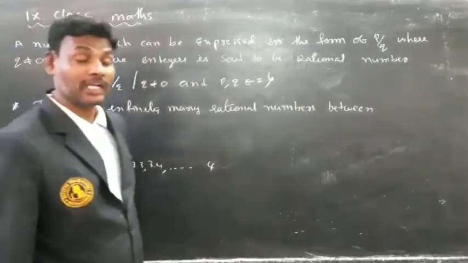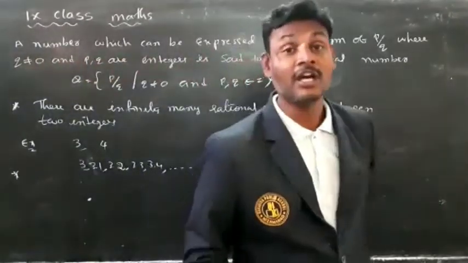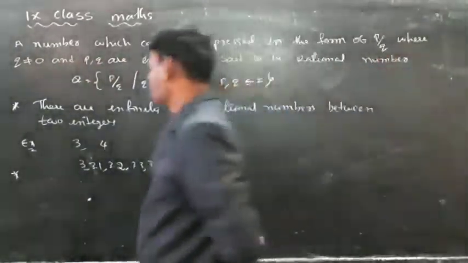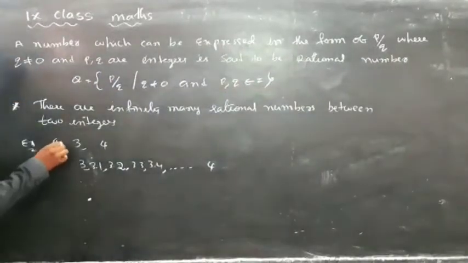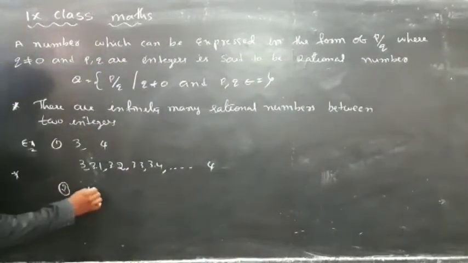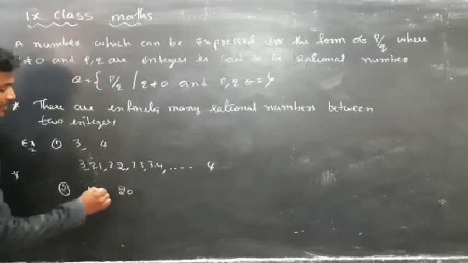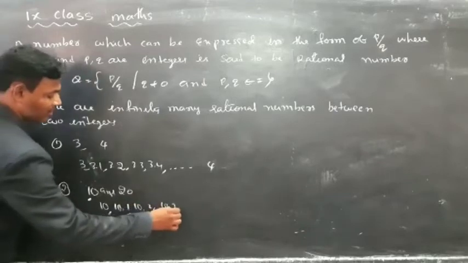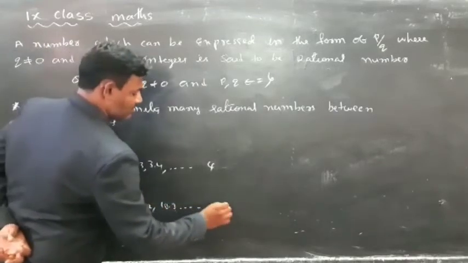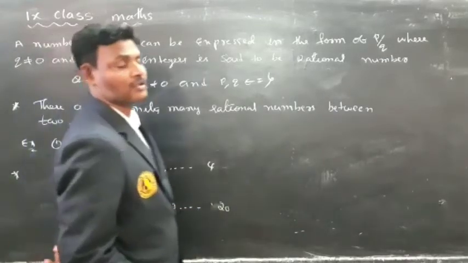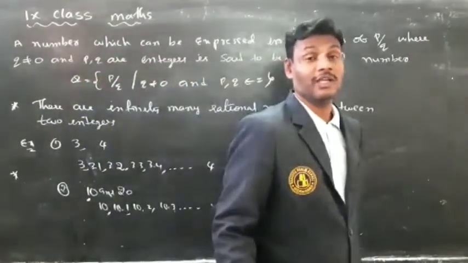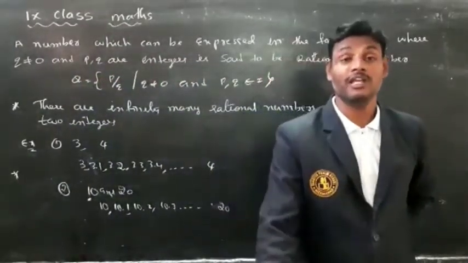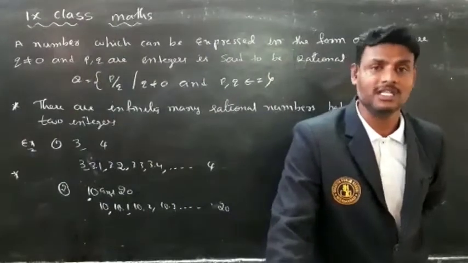Similarly, if you take 10 and 20, it means 10, 10.1, 10.2, 10.3, and so on up to 20. So what is our conclusion? We can write infinite rational numbers between two integers.